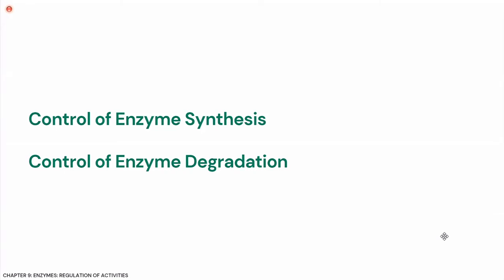So if there is a fault in some area of the synthesis of protein, starting from procuring the messenger RNA from the DNA, then you can control the enzyme synthesis.